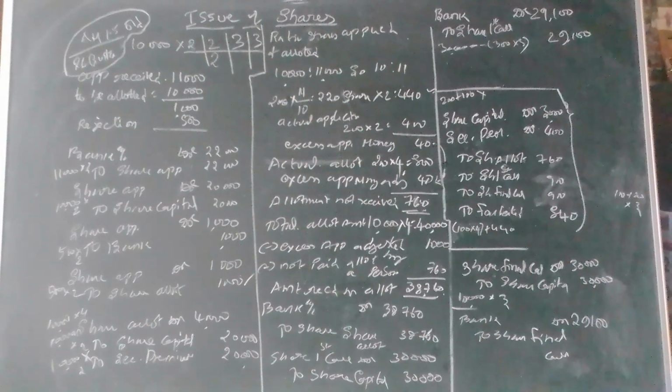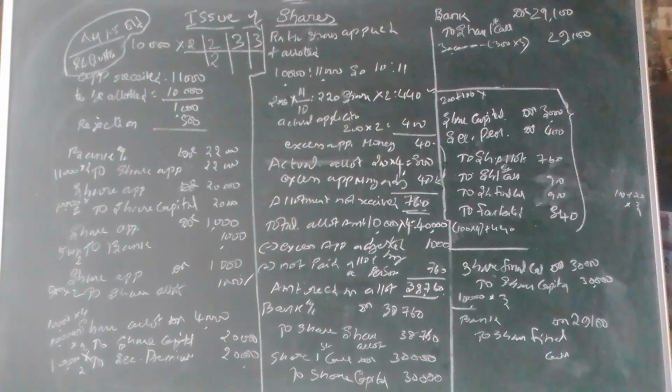Then allotment, how much amount is not collected for allotment? 760 rupees. This is the amount not received from a particular shareholder. We have the calculations already. Then another one is share first call. For first call, how many shares not paid? 200 shares at the rate of 3 rupees. Then 200 plus 100 is the amount not collected against the first call and against the final call.